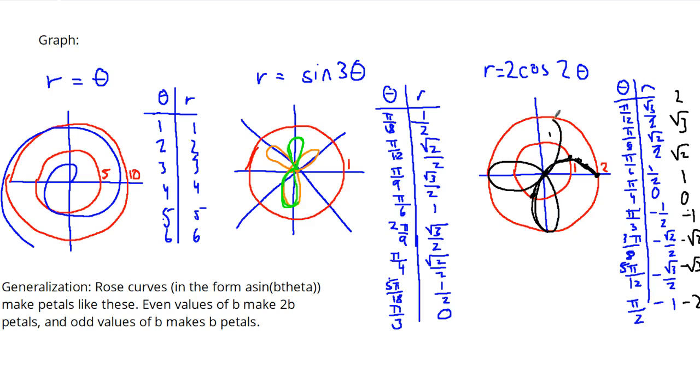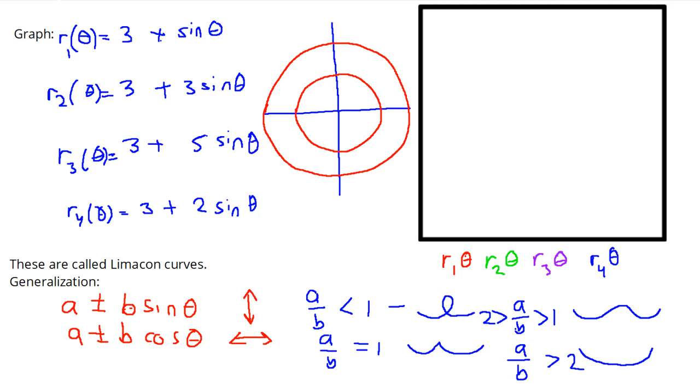So it's pretty interesting. This has 4 clovers, and the reason it has 4 clovers is because of the symmetry situation that you have when you have an even number. If you have an even, you have 2 times the number of petals. Odd just makes 1 times the number of petals.